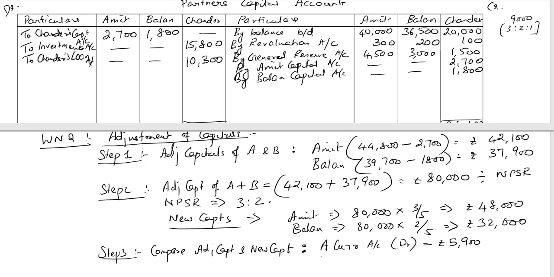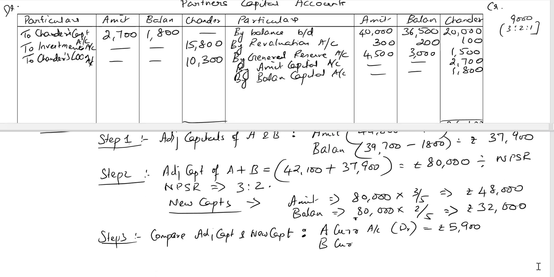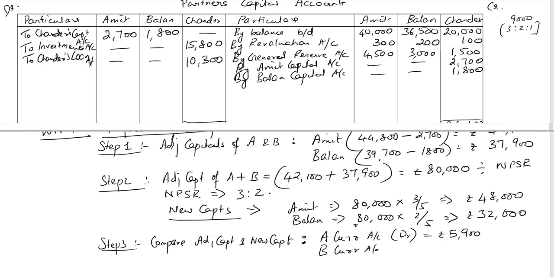And in the case of Balan, the adjusted capital is 37,900 rupees, whereas the new capital is only 32,000 rupees. So we need to credit Balan's current account for 5,900 rupees.